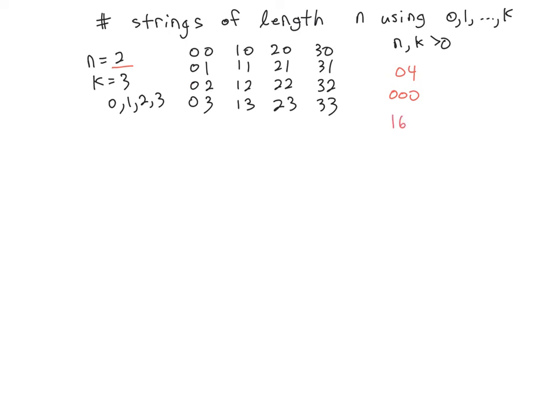But of course, we want a more general formula. And so it's worth pointing out that this set of strings of length, let's say n, using the symbols 0, 1, 2, 3 up to k, could be viewed as being a Cartesian product of the integers 0 through k times itself.